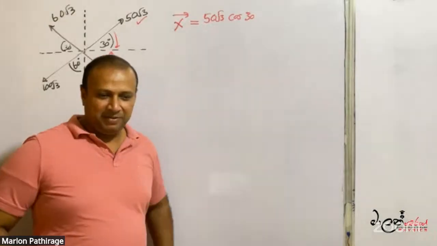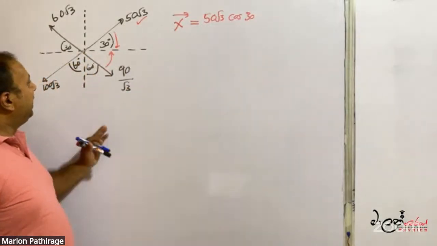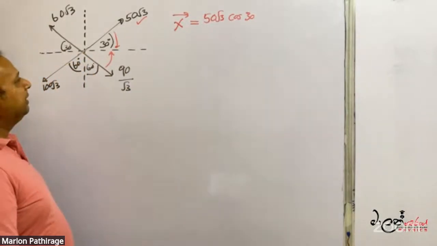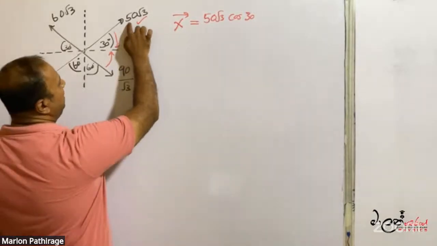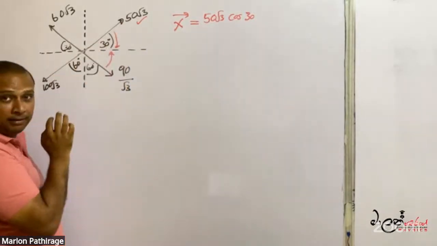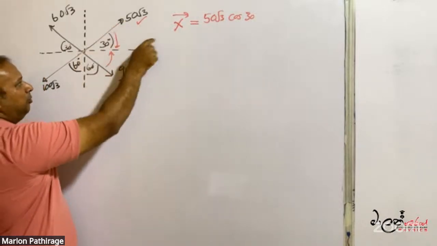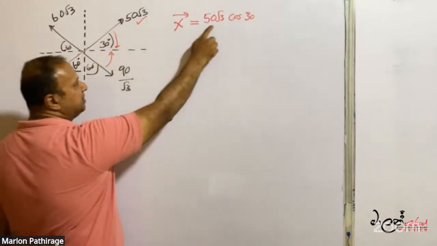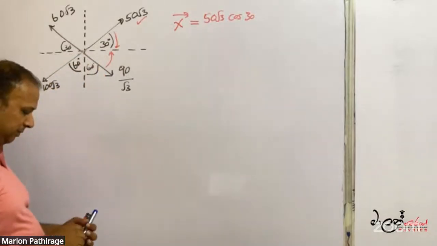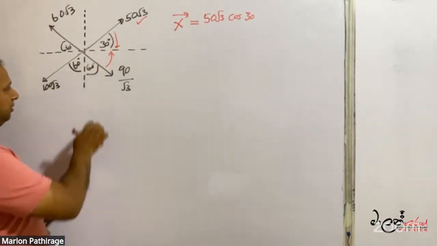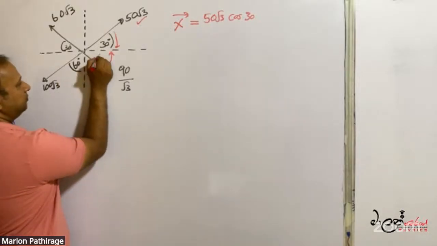Initially, force can be resolved into x direction. It will be 50 cos 30. Then you can take this angle or this angle.